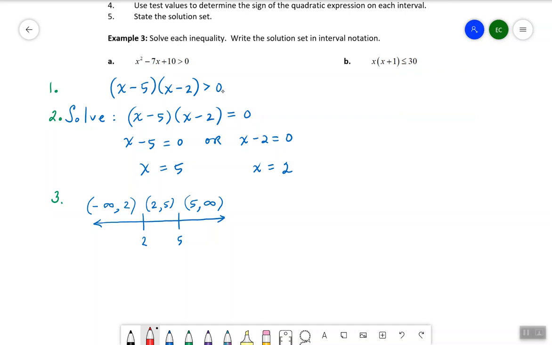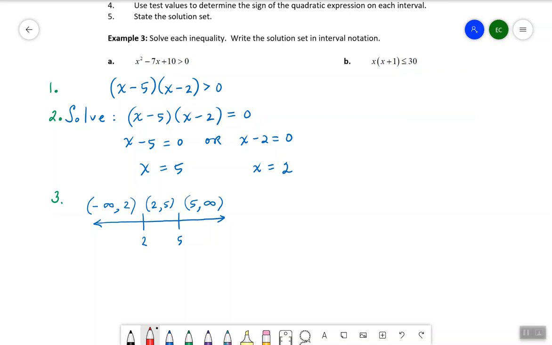When is it greater than 0 means positive, right? For any value of x, we're going to have x minus 5 as a number multiplied by another number, and we want it to give a positive result, a positive product. Well, what else could it give besides positive? It could also give negative, and it could also give 0.